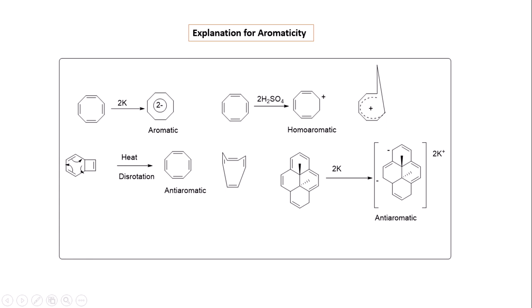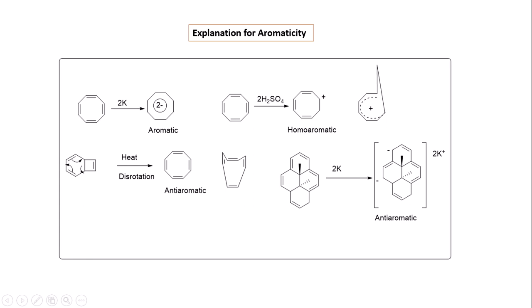In the next reaction, the heat-promoted electrocyclic ring opening reaction converts the compound to cyclooctatetraene, which is mainly present in the tub shape, and hence it is not considered anti-aromatic, rather it is considered non-aromatic.